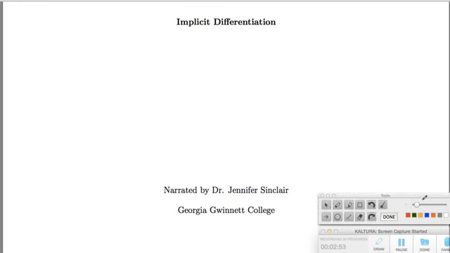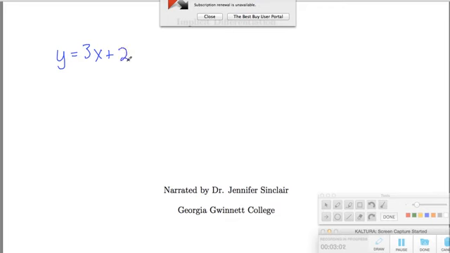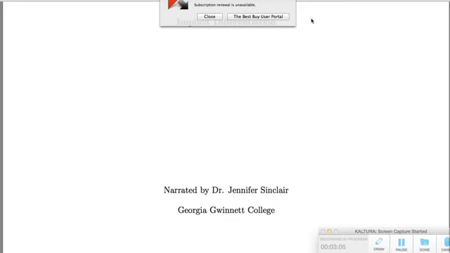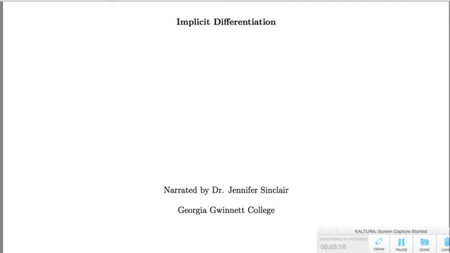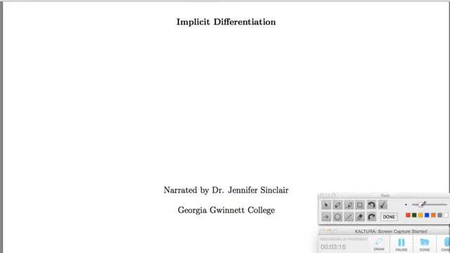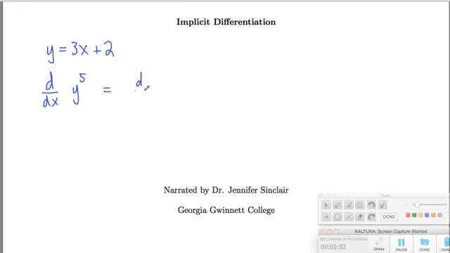So, think first about this. Suppose you had y equals 3x plus 2, and you needed to take the derivative of y to the power 5.